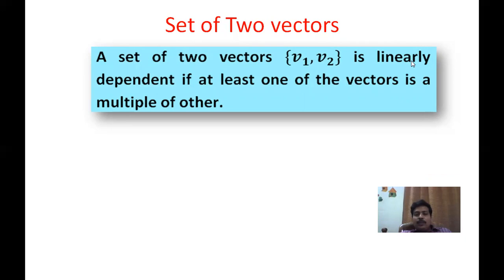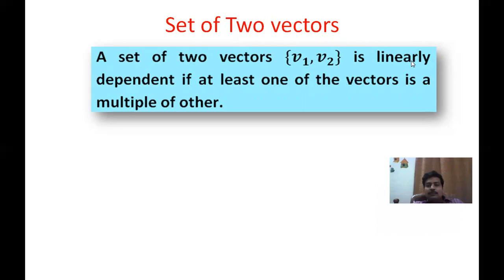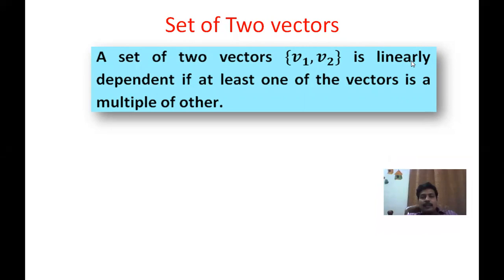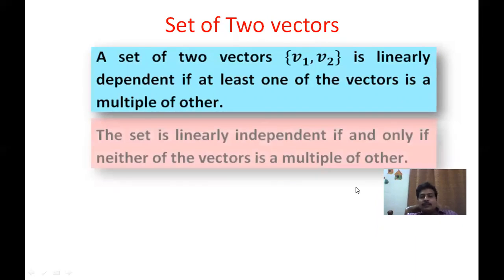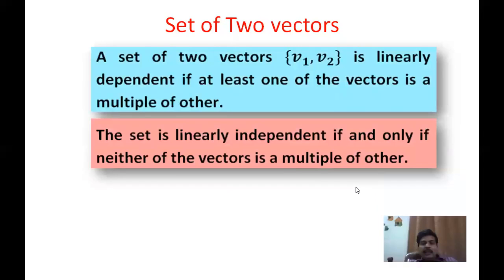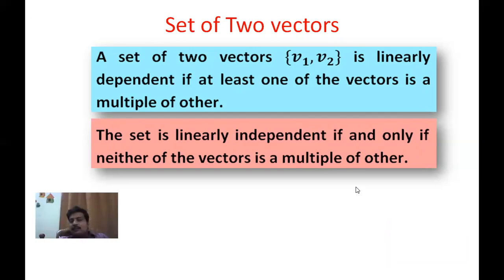If I multiply the 5 rupee coin by 2 by 5, I will get the 2 rupee coin. So 2 by 5 is my scalar. The set is linearly independent if and only if neither of the vectors is a multiple of the other. If we can't write one vector as a multiple of the other, those vectors are linearly independent.